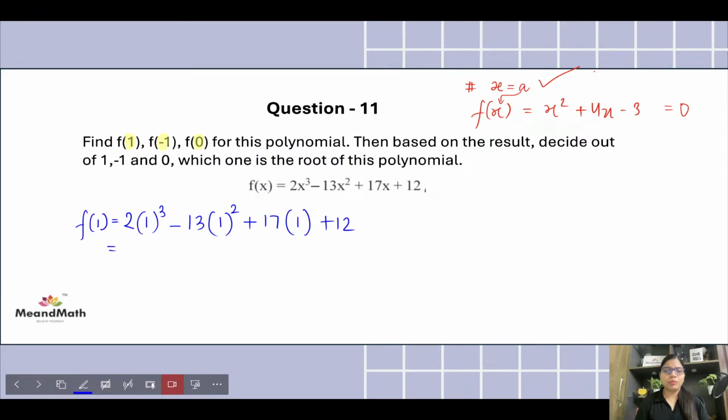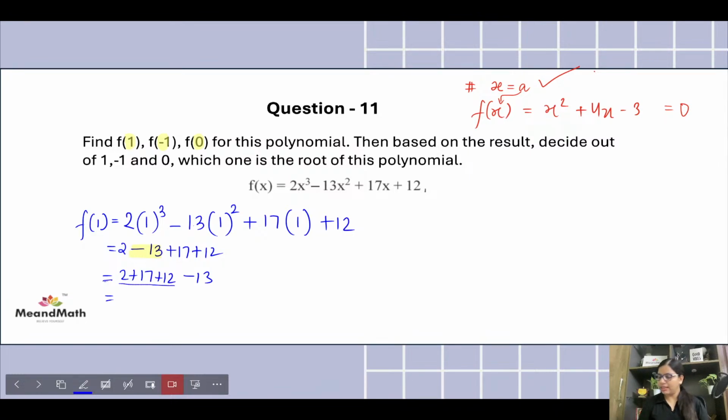So 1 cubed is 1 itself, so 2 times 1 is 2. Minus 13 times 1 squared, 1 squared is again 1 itself, so 13 times 1 is 13, a negative 13. Plus 17 plus 12. Well, we have a loss of 13, so we're going to be keeping it away, adding all of the others. So 2 plus 17 plus 12, take away 13.